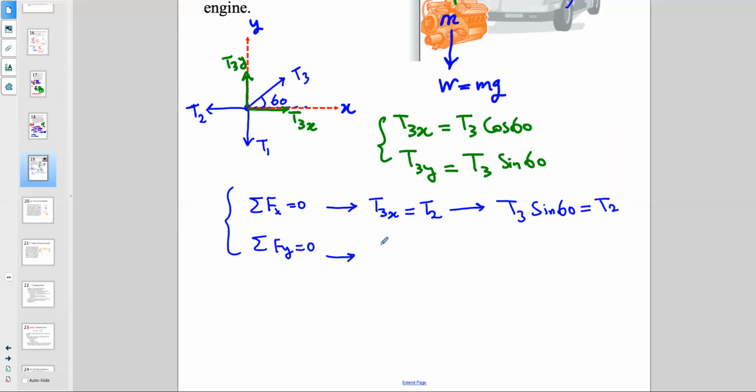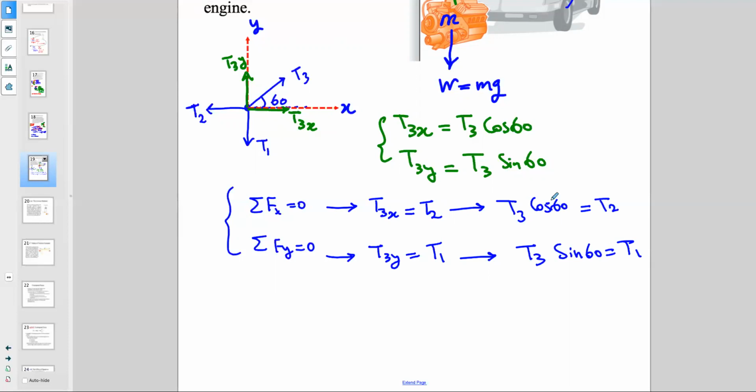Along the y direction, I have T3y equals T1, or T3, oh, this should be cosine. So let me actually write this one completely, and then I will go and change this. This should be cosine of 60 because this is along the x direction. I have it right there. So cosine of 60, okay?